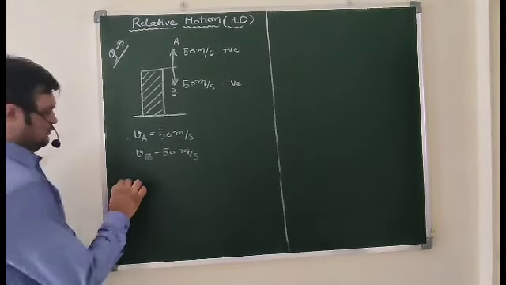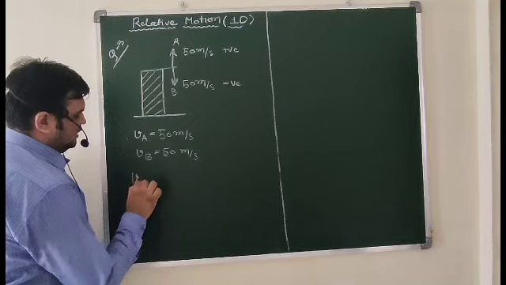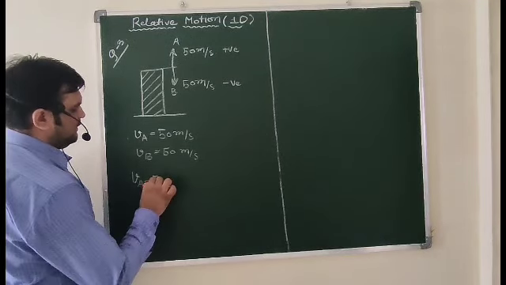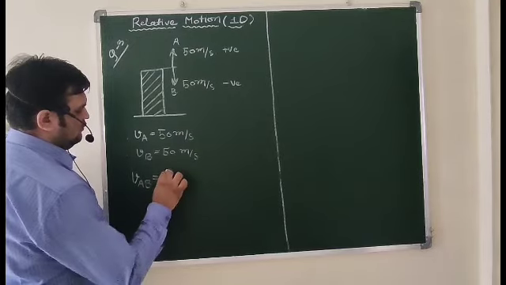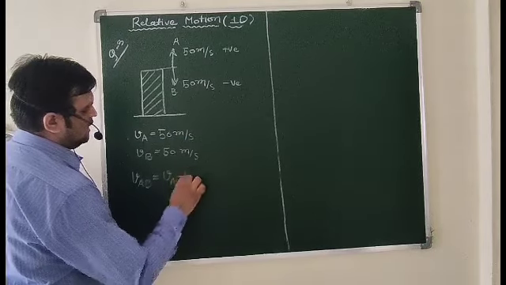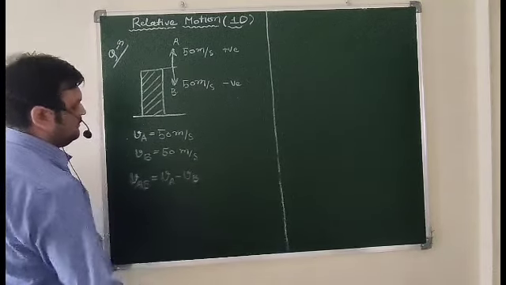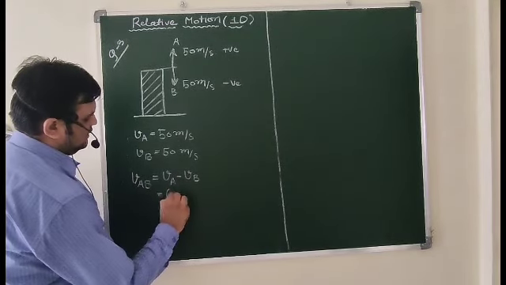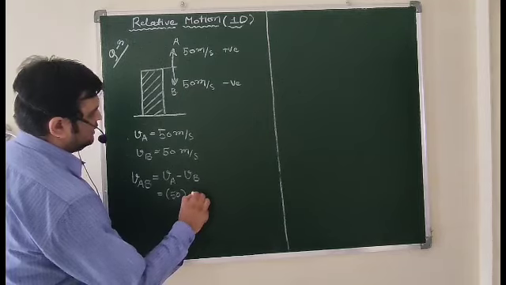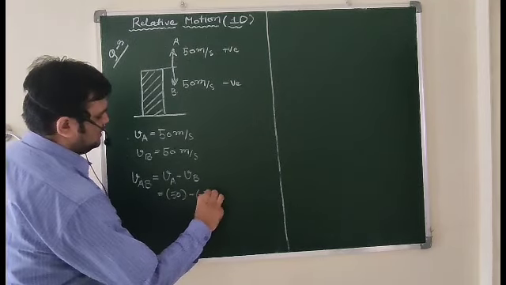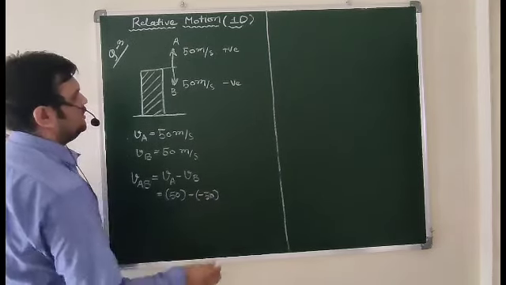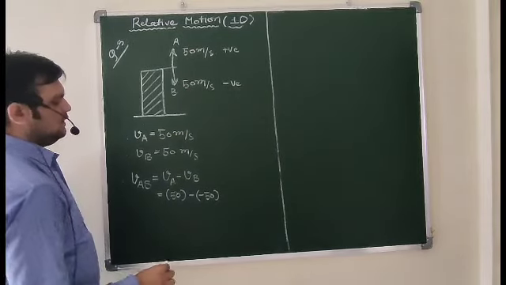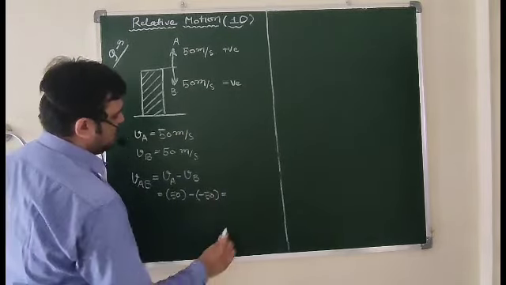So here relative velocity of stone A with respect to stone B is VA minus VB. So ultimately VA is 50 minus VB, minus 50, because VB, the velocity of B, is in the negative y direction.